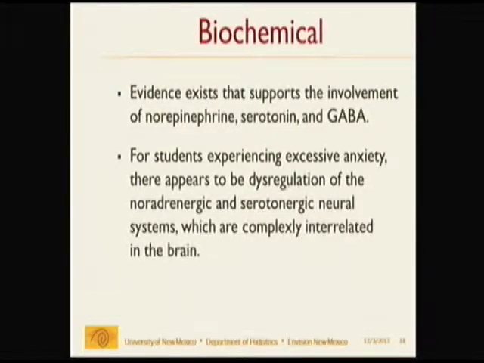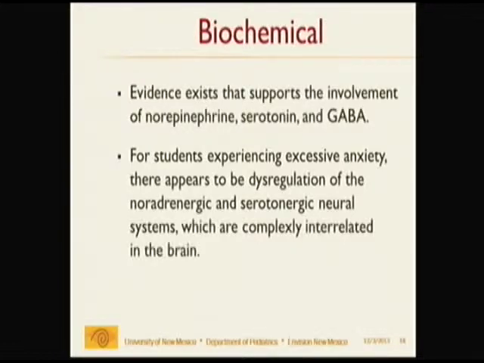And there are biochemical etiologic factors. Evidence exists that supports the involvement of at least three neurotransmitter systems: norepinephrine, firstly, secondly, serotonin, and the third one being GABA. Correlated with this, it's at least worth brief mention that many of the psychopharmacotherapeutic agents, the psychotropic medications, if you will, act on these three systems.